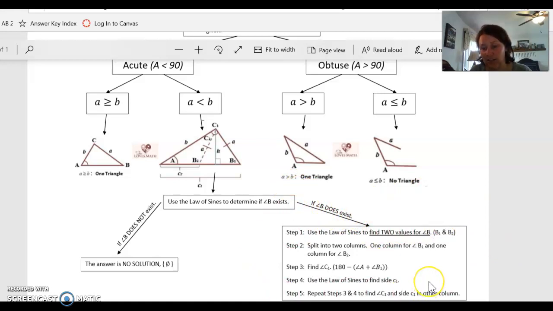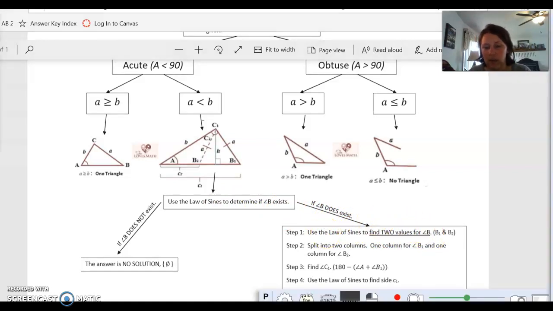of solving an ambiguous case triangle. Step 1 is going to be to use the law of sines. You're already halfway done because you did this step up here. You found one value for angle B. Now you need to find that next value for angle B. To find that next value, you need to do 180 minus.